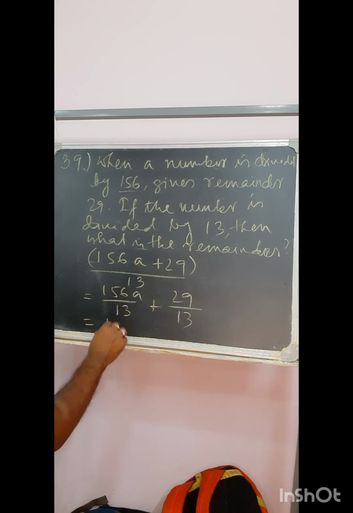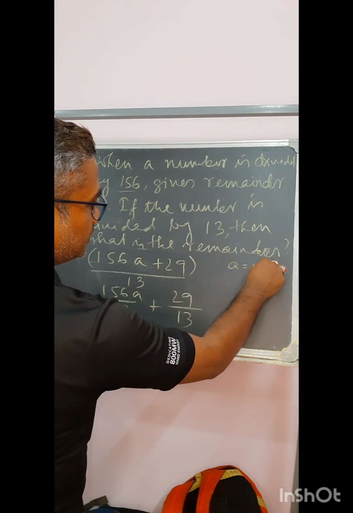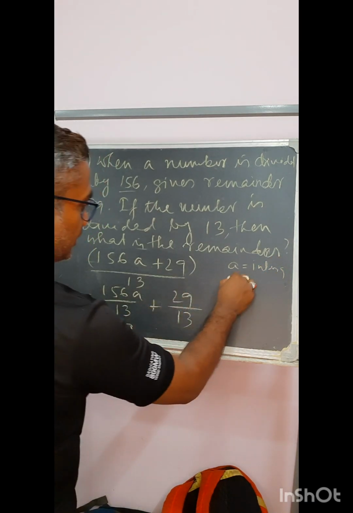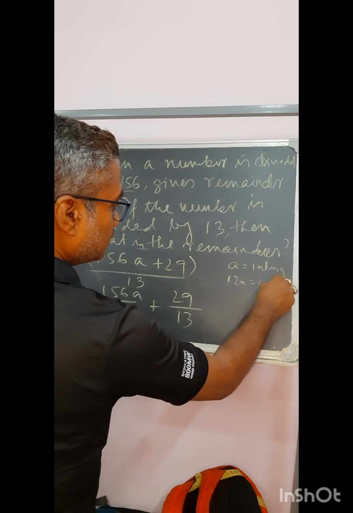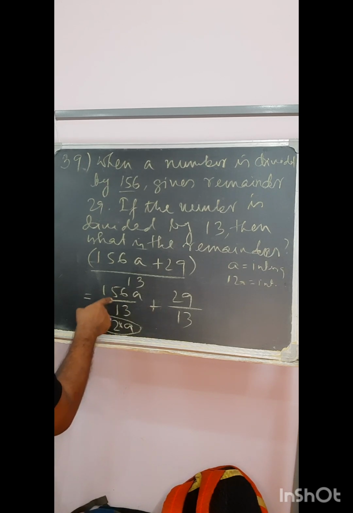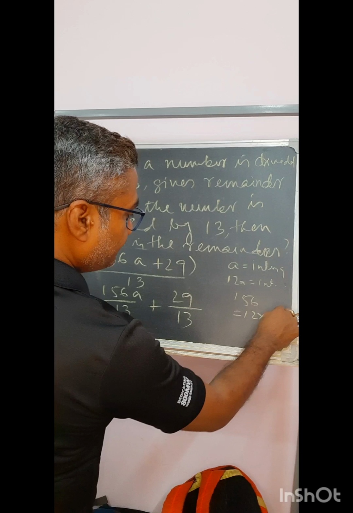This part is 12a. Now 12 into a is definitely an integer, being a quotient, and multiplied with 12 I will definitely get an integer. So that means this is perfectly divisible. 156 is perfectly divisible by 13, because I get 156 by multiplying 12 into 13.